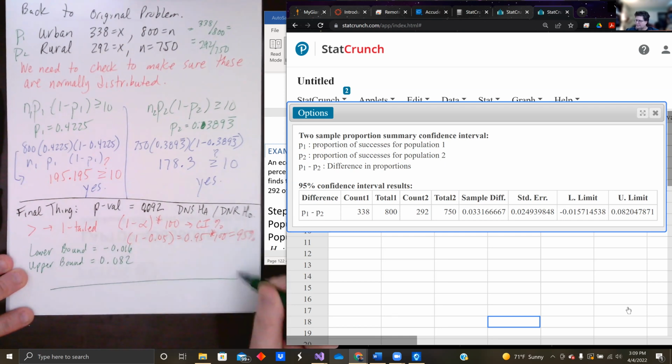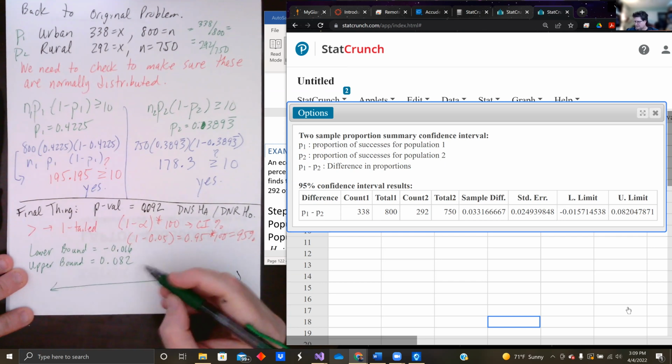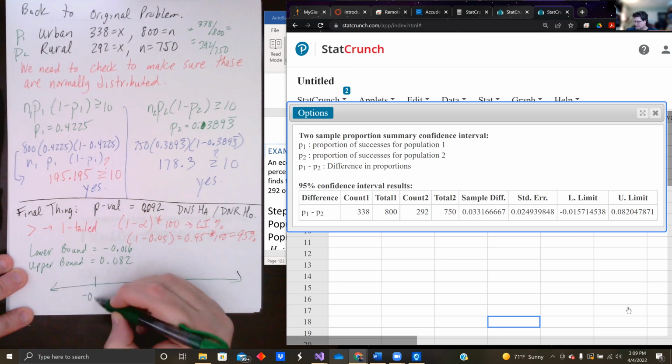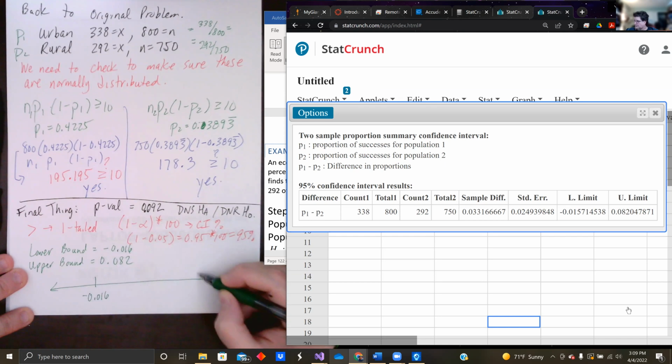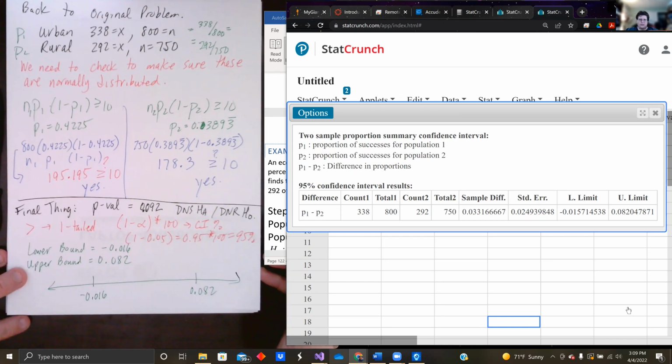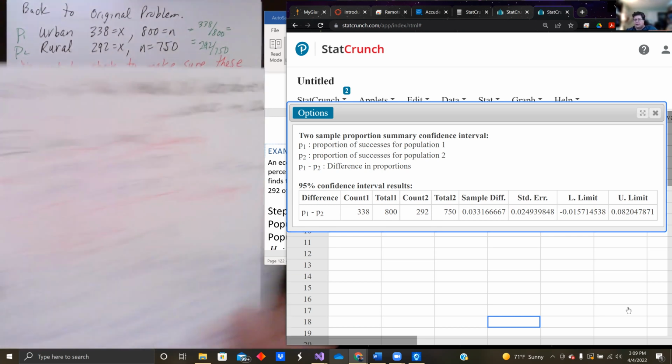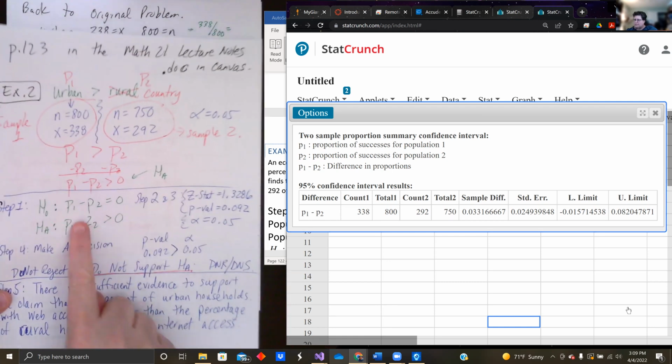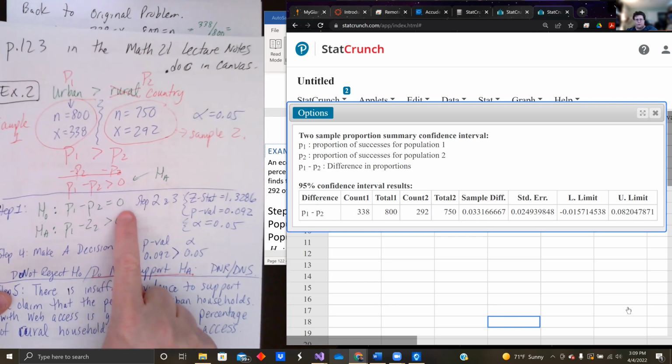And if I put this on a number line, I now want to look and go, where is H naught? H naught was P1 minus P2 equals 0.